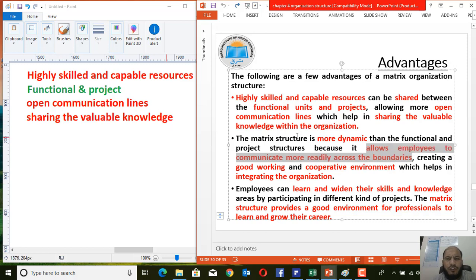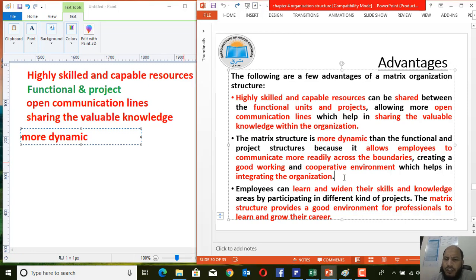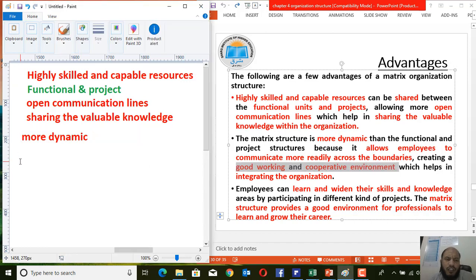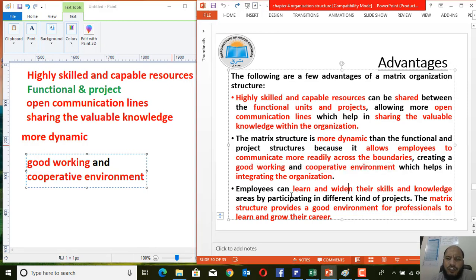So it's a more dynamic structure, and it may help the employees to share their information within the functional and also within the project employees. This will create good working and cooperative environment conditions for the employees, which will help to integrate the organization.